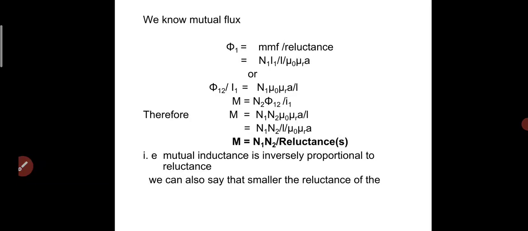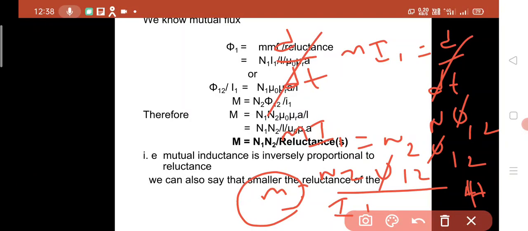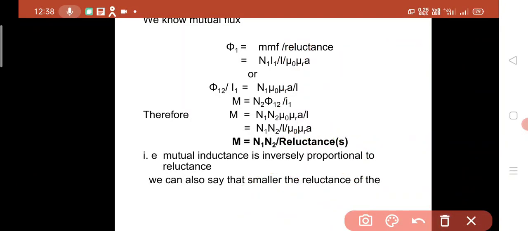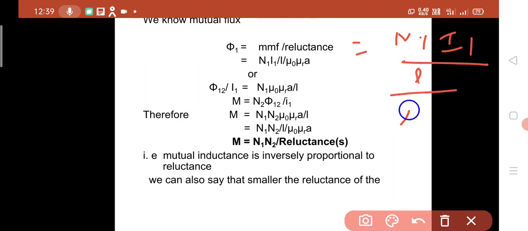The mmf is equal to N1 I1, and the reluctance S is l by mu naught mu r A. So phi 1 is equal to N1 I1 mu naught mu r A by l.